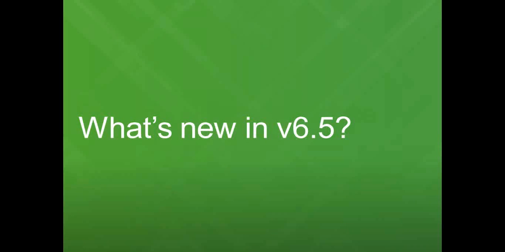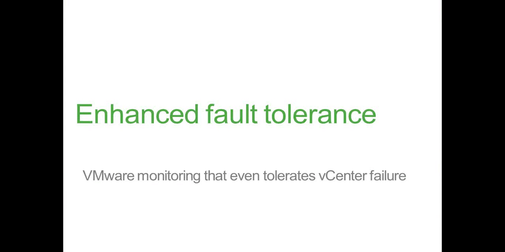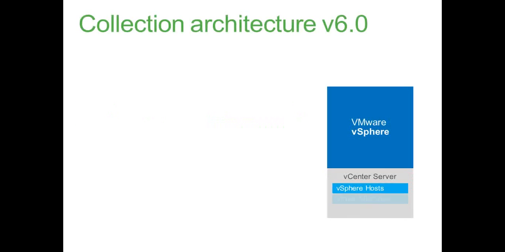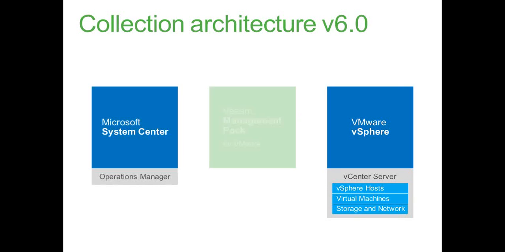Okay, so let's take a look at what exactly is new in version 6.5 for Veeam Management Pack. Now, you get enhanced fault tolerant VMware monitoring that even tolerates vCenter failure. That's really a bigger innovation, I would say. The collection architecture in version 6.0, the previous version, was like the Veeam Management Pack would sit in between my vSphere and Microsoft System Center.